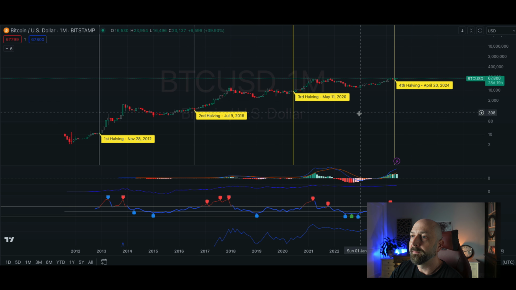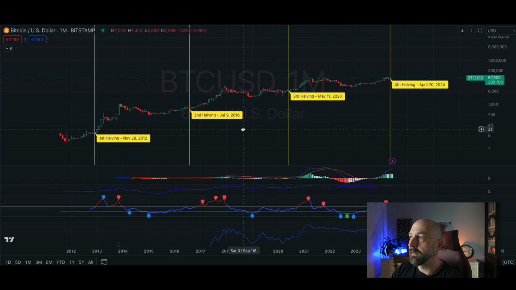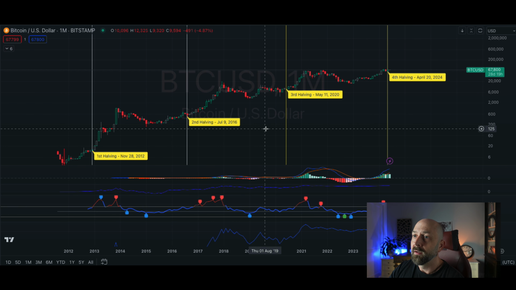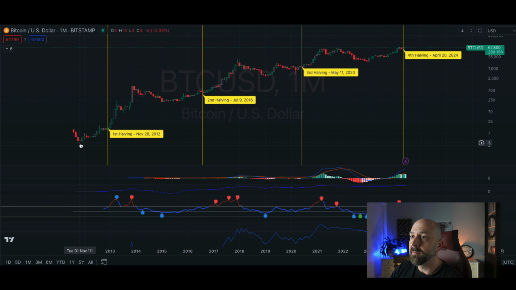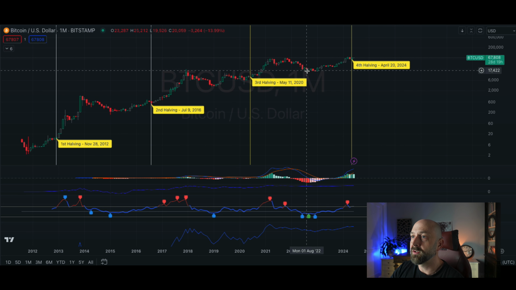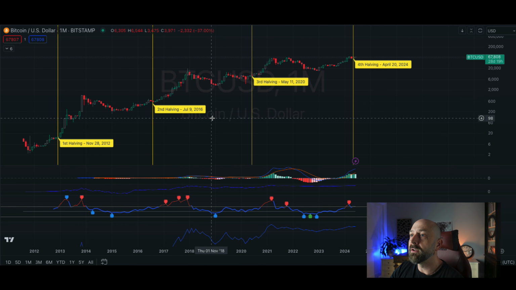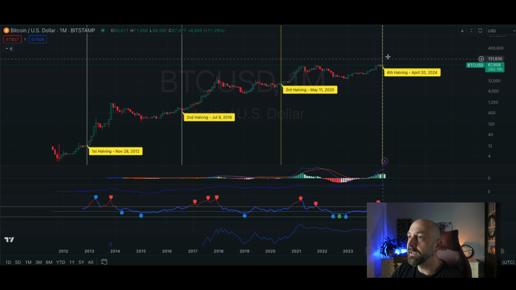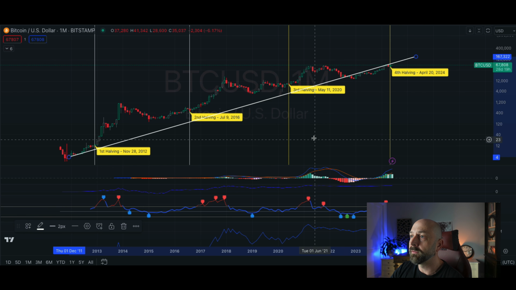There's a lot of other factors, but traditionally we have a rally up, we reach a blow off top, and then we retrace to a certain point. We rally up, and partway through the cycle there's a halving, and then we have a blow off top. Every cycle seems to be the same structure where we're constantly edging up in price, in this ebb and flow in an upward direction.